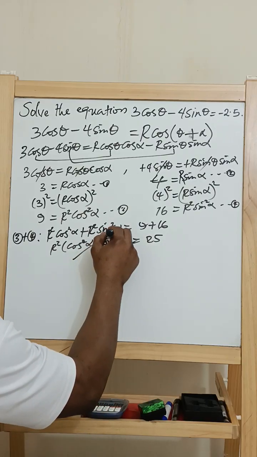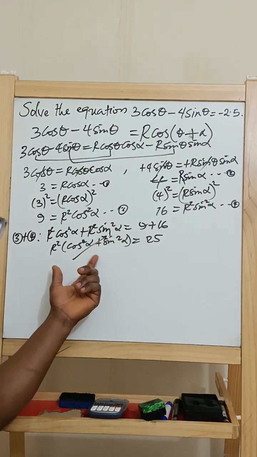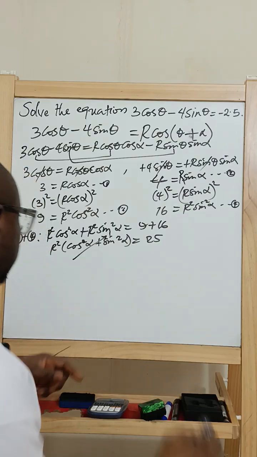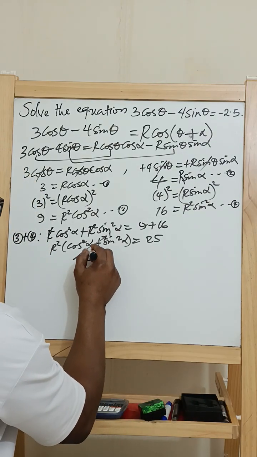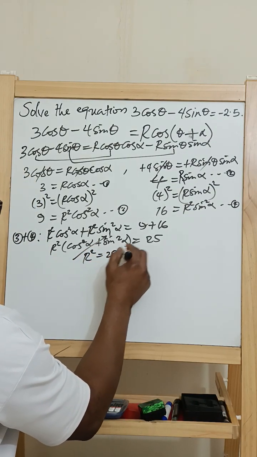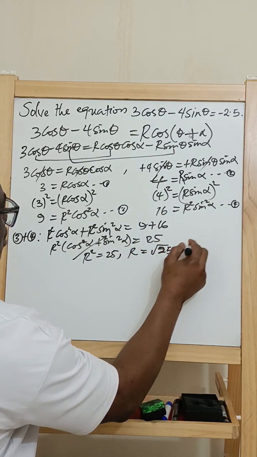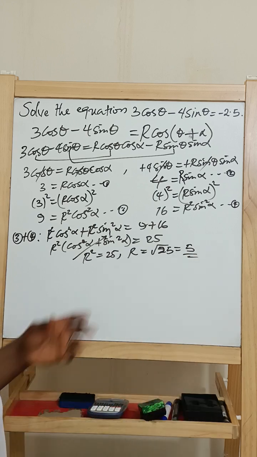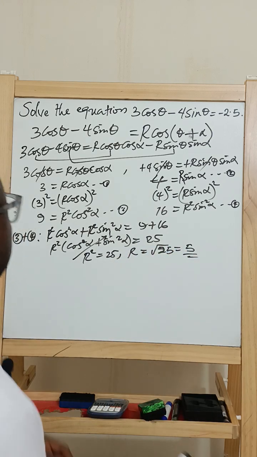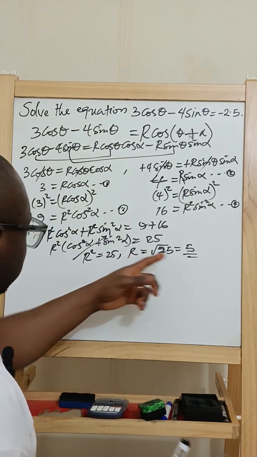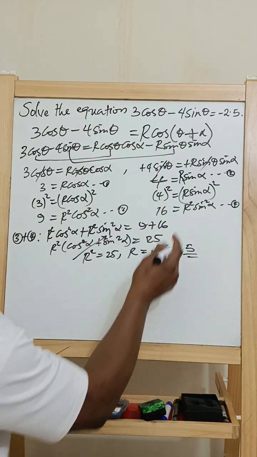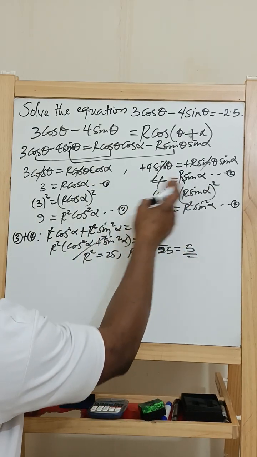This is going to be equal to 1 because cos squared alpha plus sine squared alpha is 1. So r squared is 25, where r is the square root of 25, and that will be 5. We take the positive value. After getting this, we will look for tan alpha.